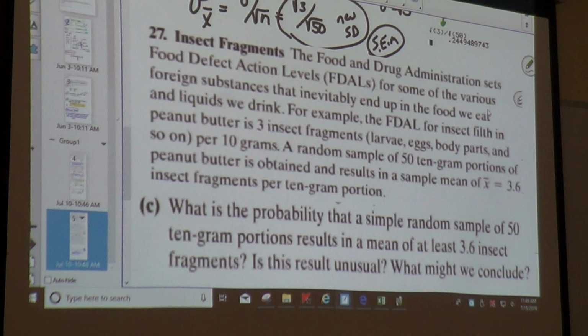At least 3.6. So at least 3.6 is 3.6 or higher. So if you have at least $100 in your pocket, you have $100 or more, not $100 or less.